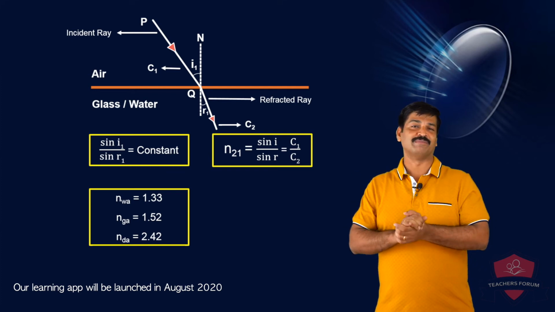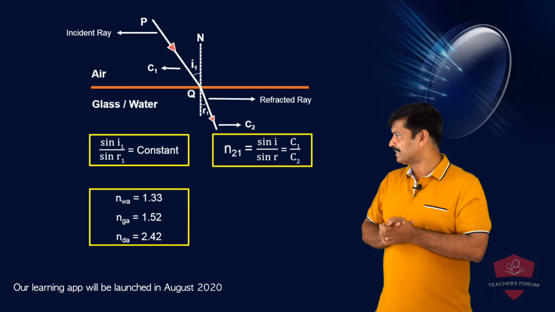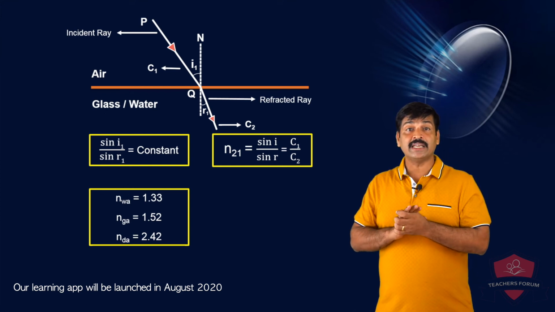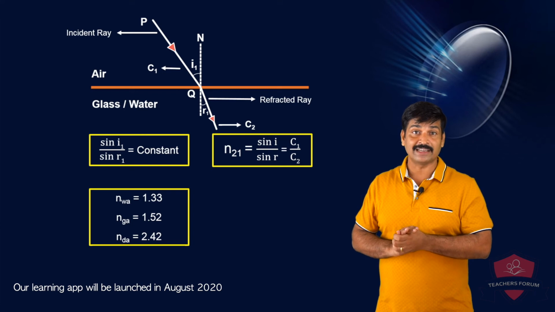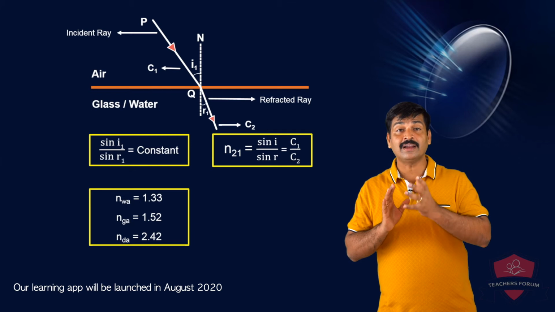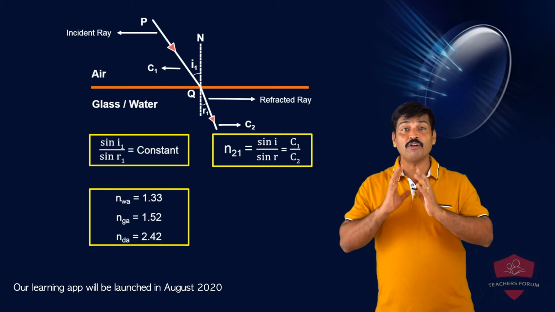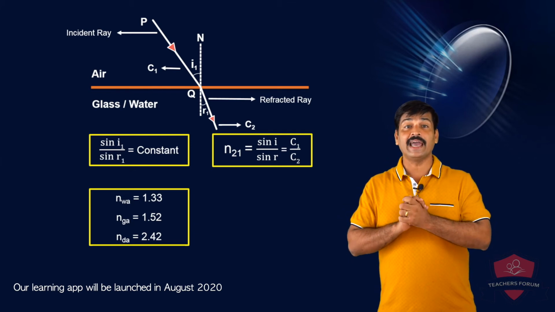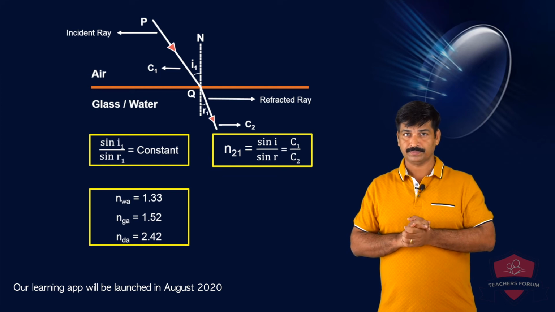What do you conclude from this? We say that as the refractive index of a material or a medium is less, light can travel with more speed. So there is a relationship between speed of light through a medium and the refractive index.